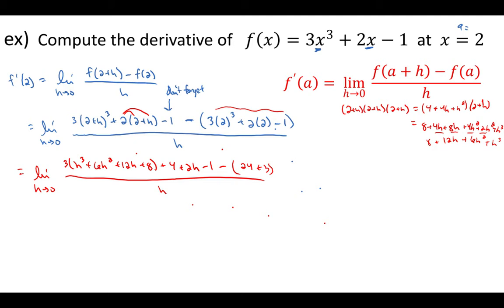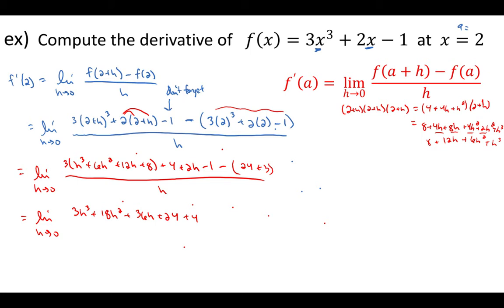All right, and then let's go ahead and do the next step. So then let's drop it down. Limit as h goes to 0. We need to distribute that 3 through. So that becomes 3h cubed plus 18h squared plus 36h plus 24 plus 4. And actually, I guess we could probably combine those.